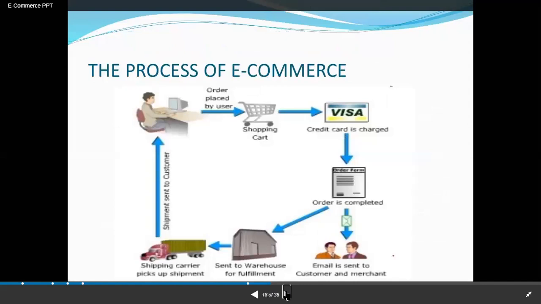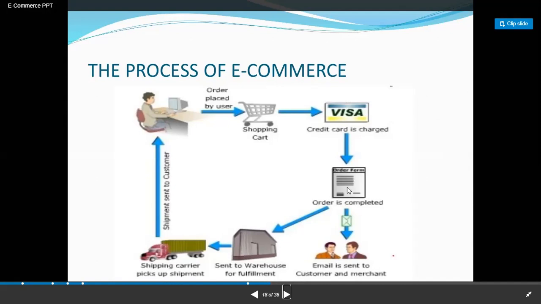Okay, so this is your process of e-commerce. This person who is sitting is you, right? Now, an order is placed by the user. You want to purchase something and you are placing an order. Here it's a shopping cart. You are paying through your Visa card, credit card or debit card.